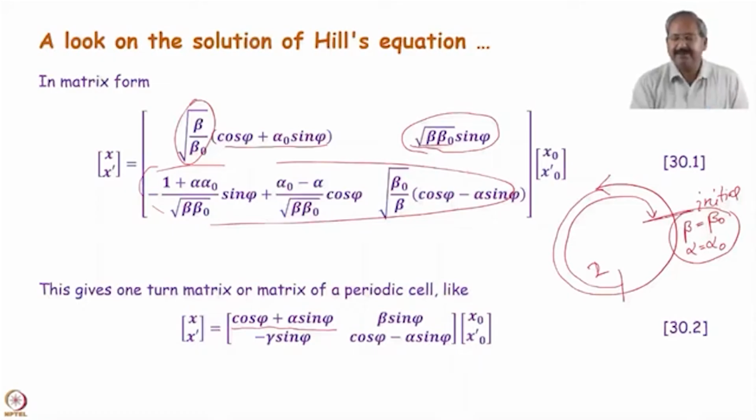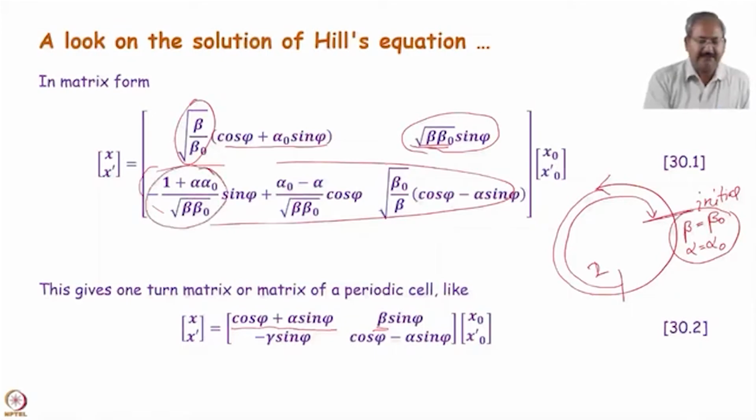Here root beta beta naught becomes beta, and 1 plus alpha alpha naught upon beta beta naught becomes 1 plus alpha square upon beta, because alpha naught is equal to alpha and beta naught is equal to beta.